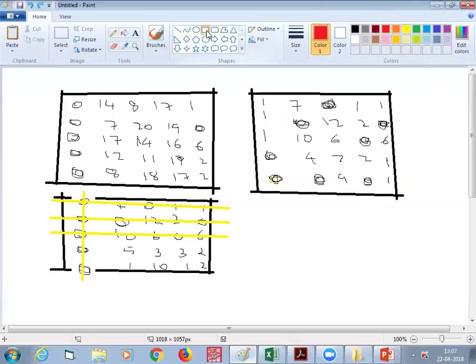Okay, so let's start with the first allocation. Any row with a single zero? Yes, this has a single zero here. So allocate this, and there are no other zeros to cancel here. In the second row, there are 2 zeros, so we can't do anything. Third row, there's a single zero, so allocate this. And because we assigned the third row there, how did we get the third matrix?